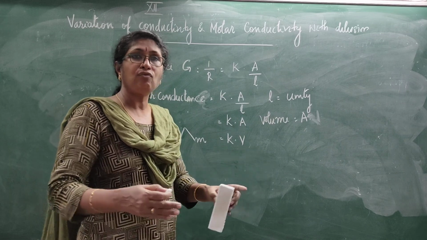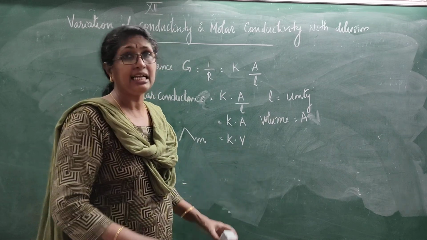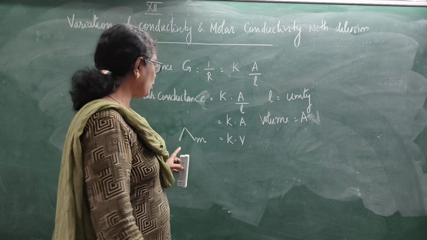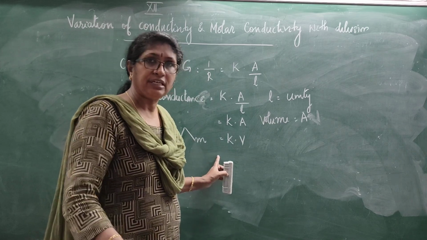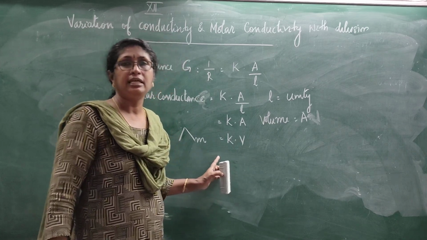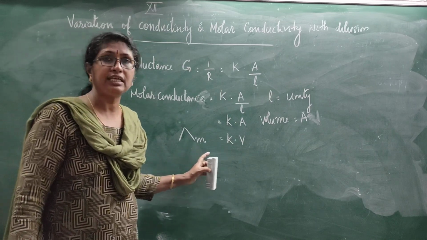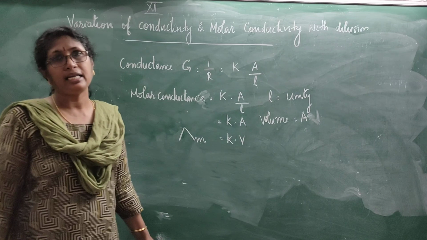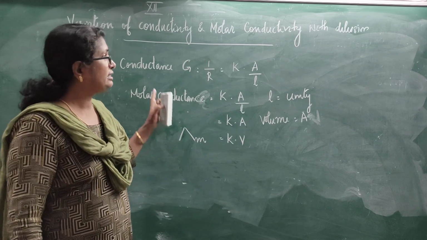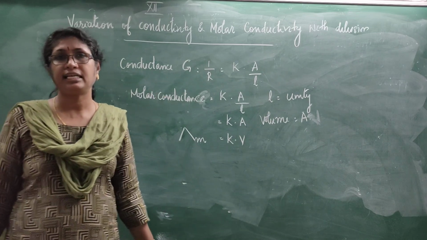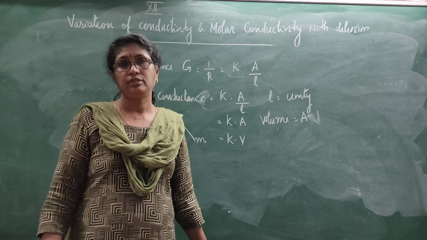That means the increase in volume is very high, and the decrease in conductivity is less. So what happens to molar conductivity lambda m? It increases with dilution. So this is the change of molar conductivity and conductivity with dilution.